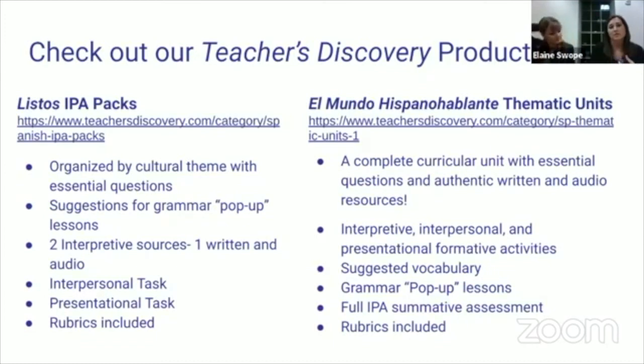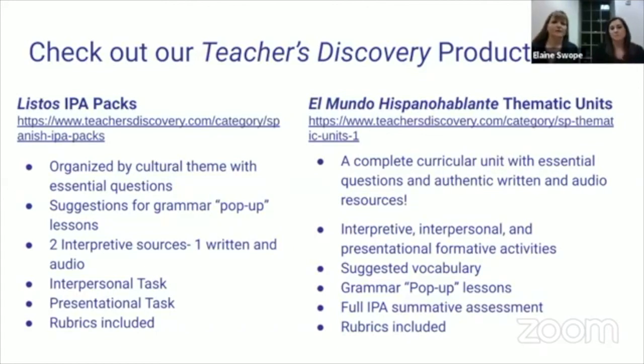This IPA assessment contains either a listening or a reading, and then your interpersonal, either speaking or writing, presentational speaking or writing, and then the rubrics as well.